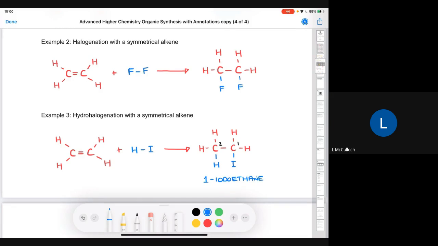Don't worry too much about naming of haloalkanes because we have a full lesson on that coming up in several lessons' time. But no matter what we do, the product there is always going to be 1-iodoethane. I'll give you a wee minute to make sure you have those copied in correctly before I scroll to the next page.